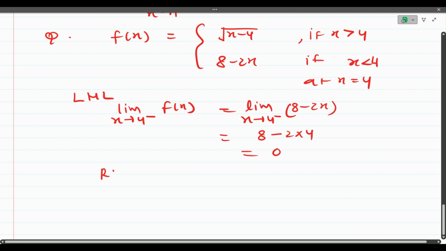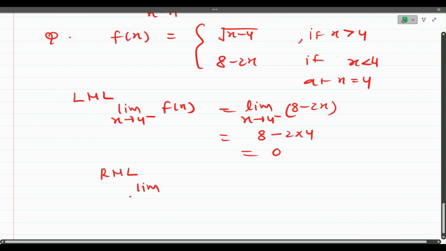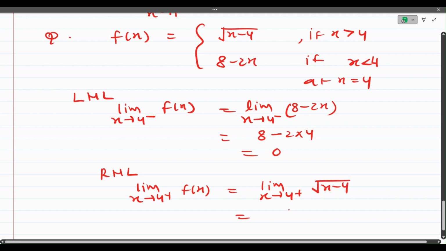Now we evaluate its right hand limit, which is the limit as x tends to 4 from the positive side. If x is greater than 4, it's going to be the square root of x minus 4, which is 4 minus 4, which is 0.